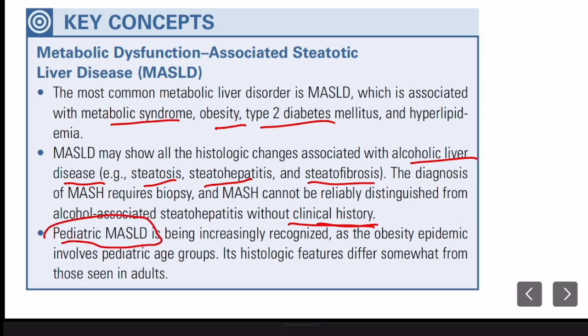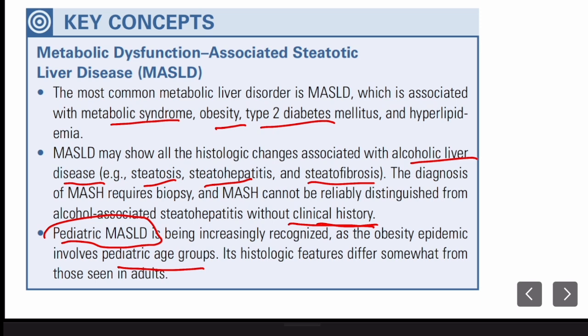Now, pediatric MASLD is increasingly recognized as the obesity epidemic is seen in the pediatric age groups as well. So the histologic features need to be distinguished from adult MASLD. The ultimate goal in MASLD and MASH is to reverse the histologic features, to correct the underlying risk factors, to reverse the fibrosis, and to treat the underlying cause.